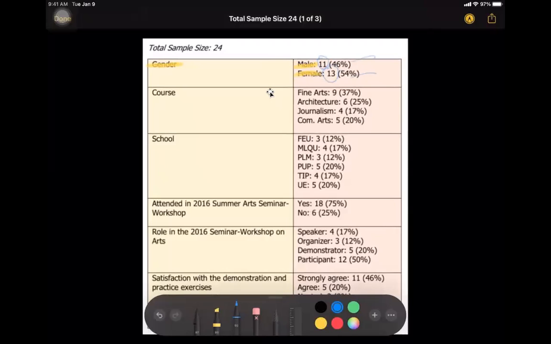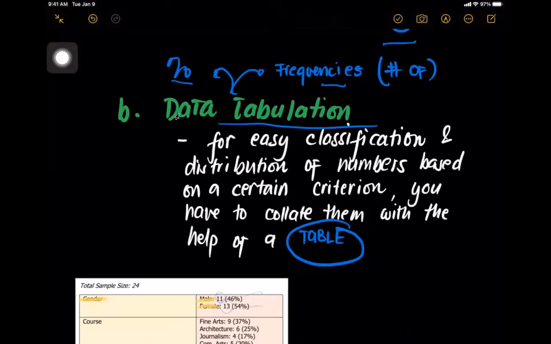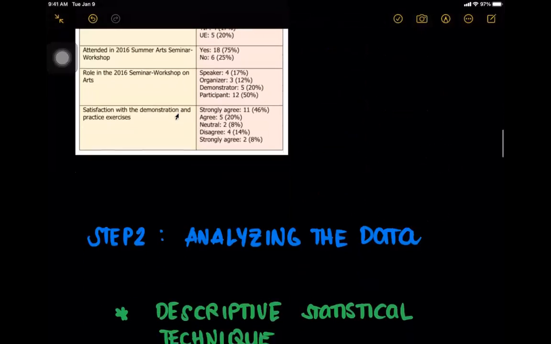Don't make it too complex, because your readers will look at your table since they don't want to read all those long paragraphs. So they just look into the table and see how the data goes. And that would assist you with whatever you want to do. So that's a pro tip, class. All right, I think we're done with that. So that is our data tabulation.